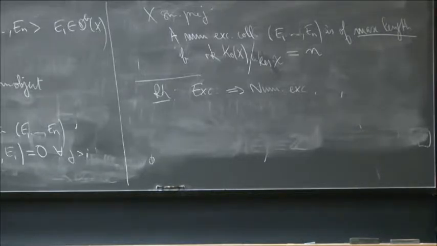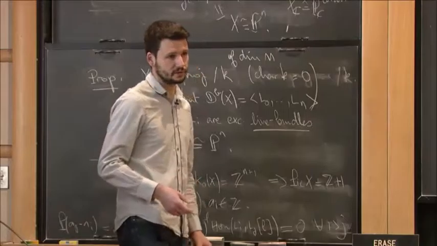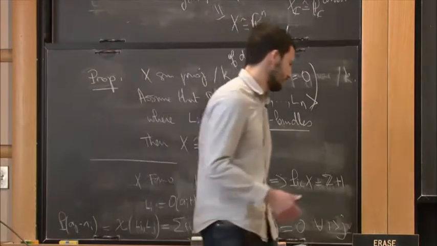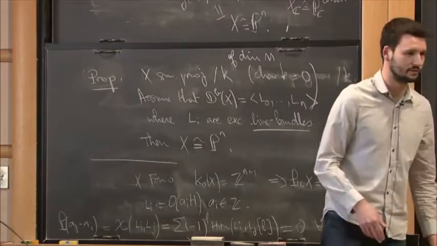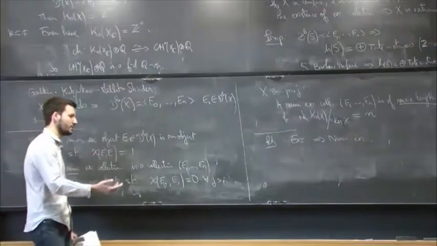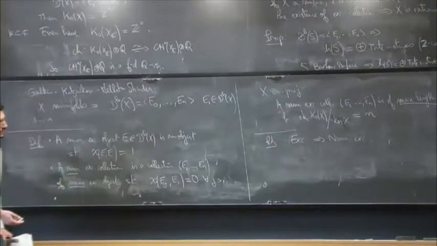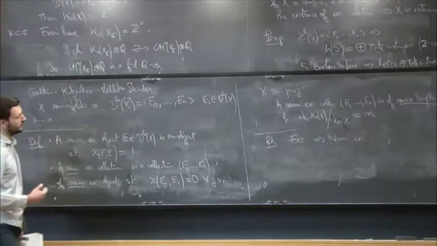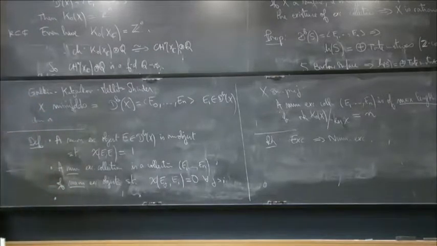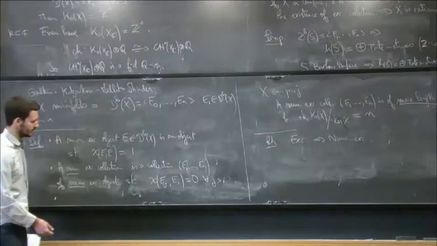So the reason for looking for these is, recently there's been a lot of interest in exhibiting exceptional collections for surfaces of general type with p_g equal q equals 0. Many people have succeeded, and it's quite a lot of hard work. But the key point is first to exhibit quite a lot of numerically exceptional collections, and then to do a lot of hard work to show that one of them is actually exceptional.